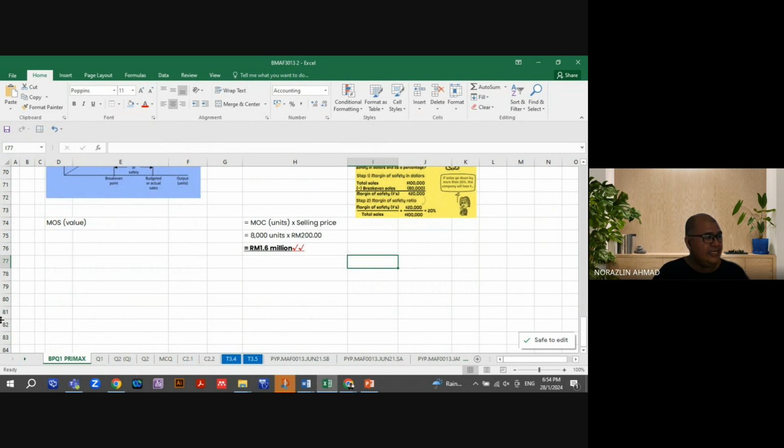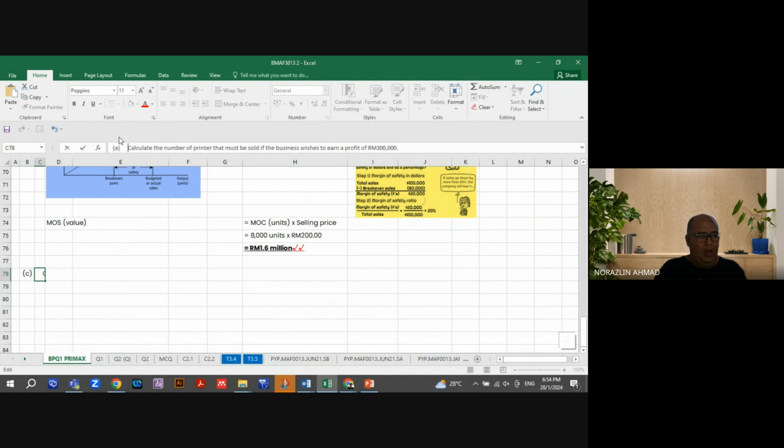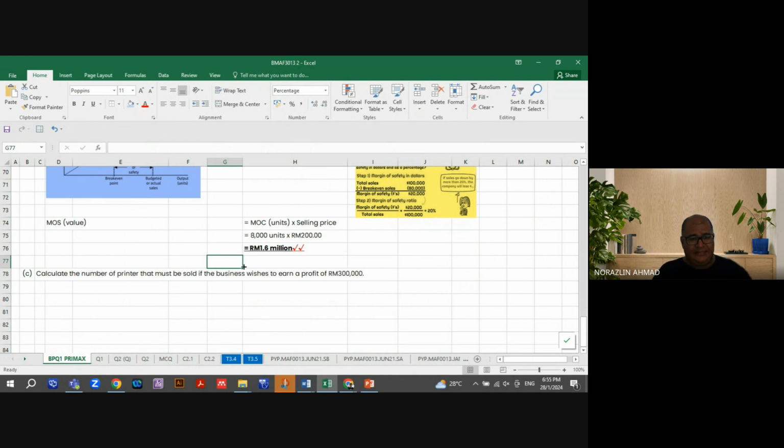Okay, then C. C only 2 marks. Calculate the number of printers that must be sold if the business wishes to earn a profit of 300,000.